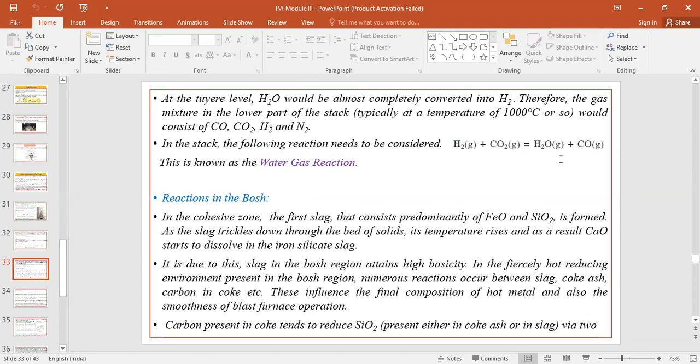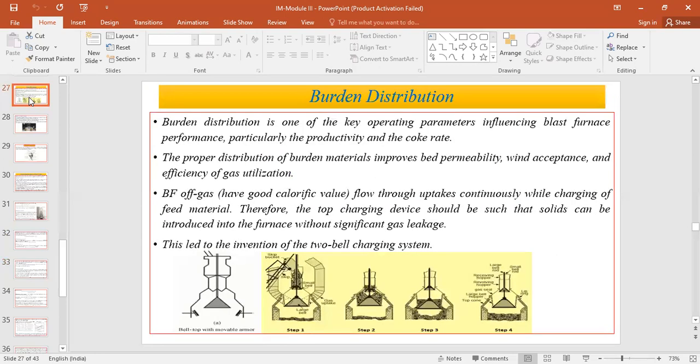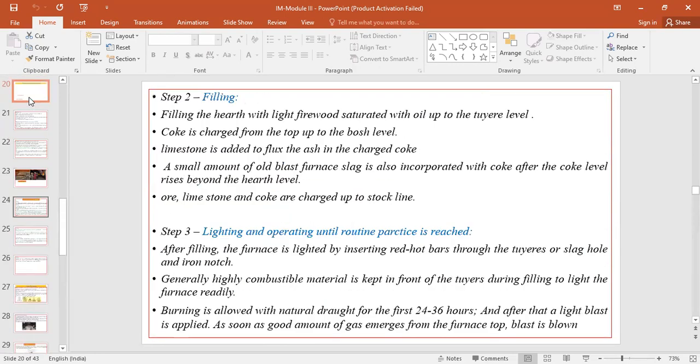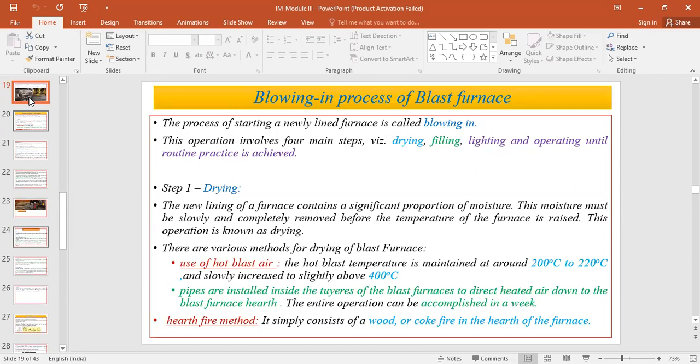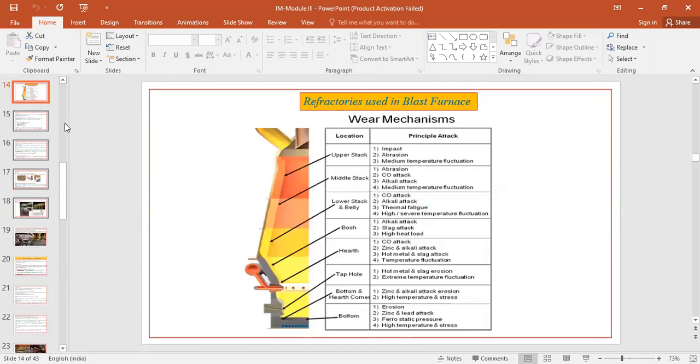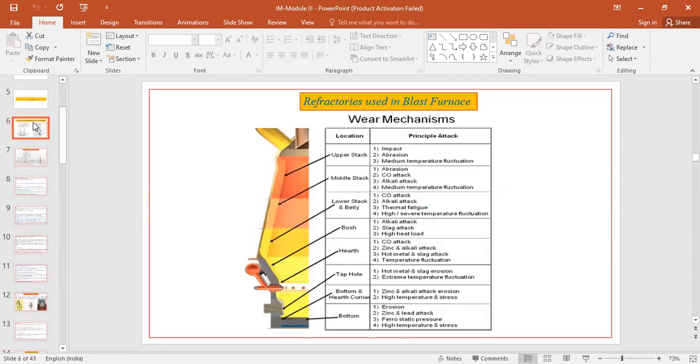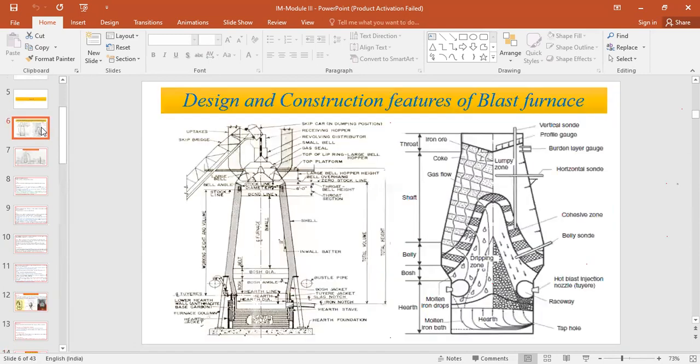So in the blast furnace, you have a cohesive zone. Here you see this is the start of the cohesive zone, and this is the end of the cohesive zone. Like that, we have it everywhere.